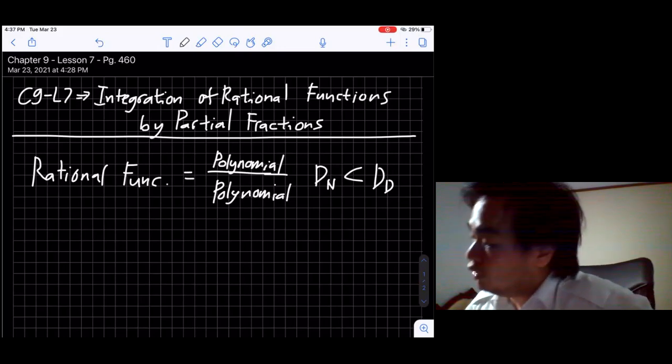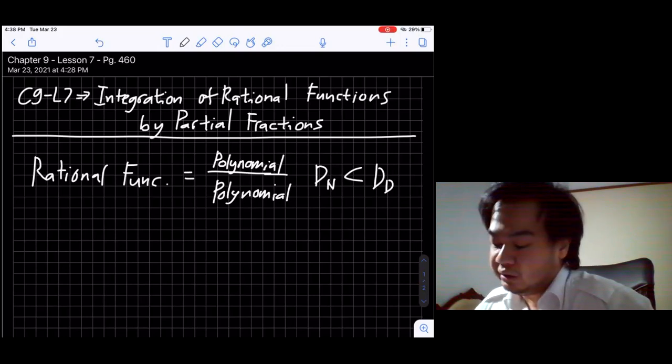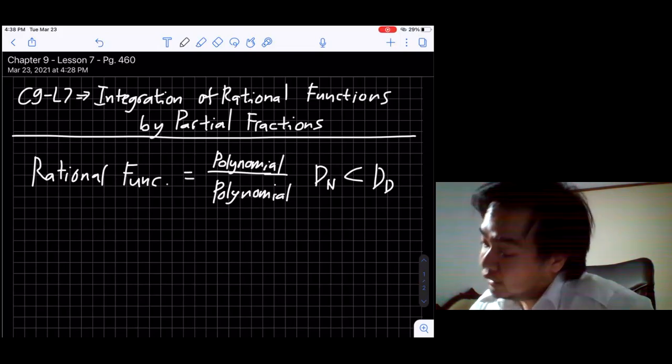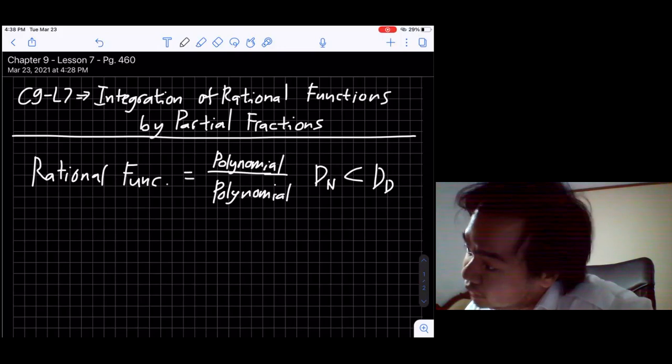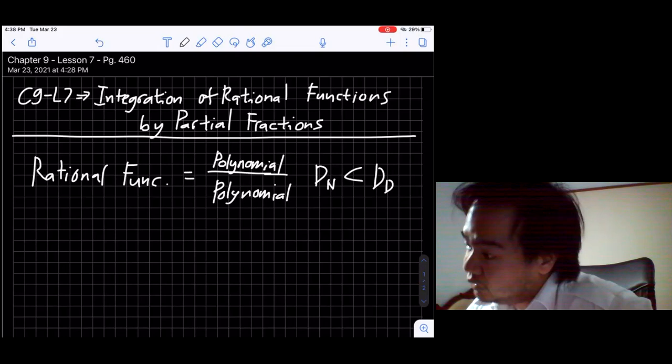For example, on your homework page 463, numbers 1 until 10 show examples where the degree of the numerator is already less than the degree of the denominator. Usually it's 1 and 2. For number 8, the numerator is second degree, and the denominator is third degree.